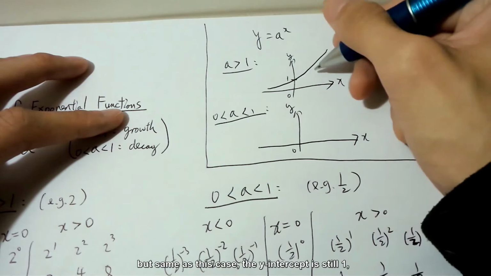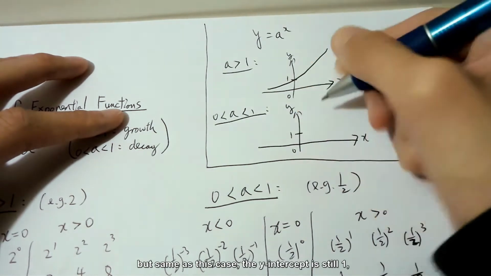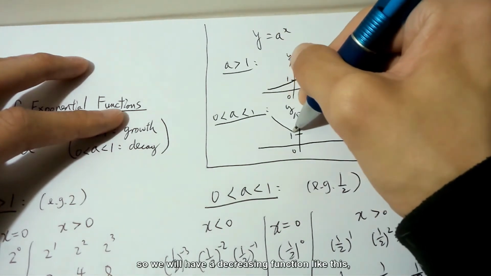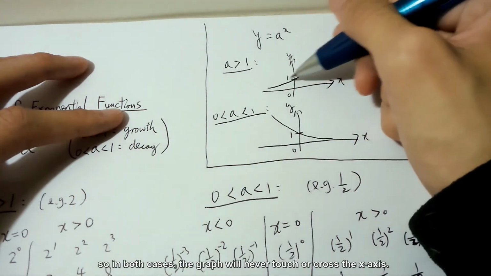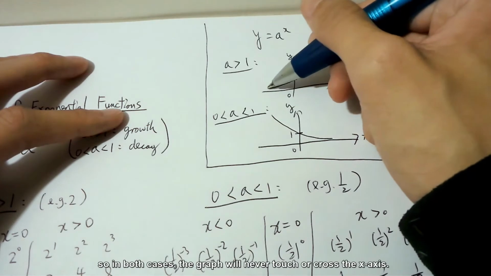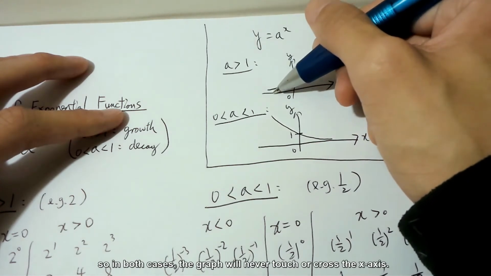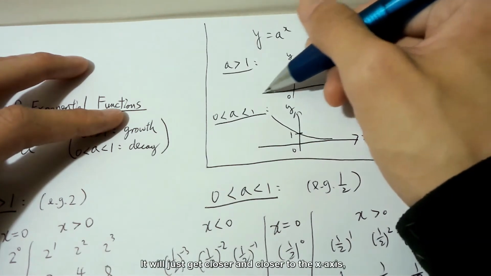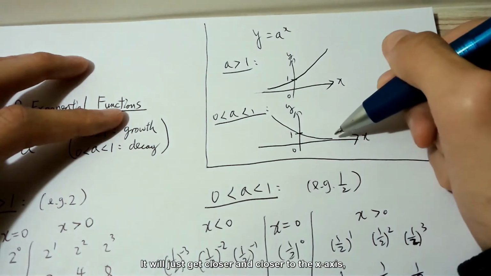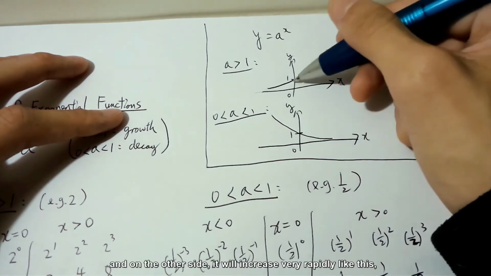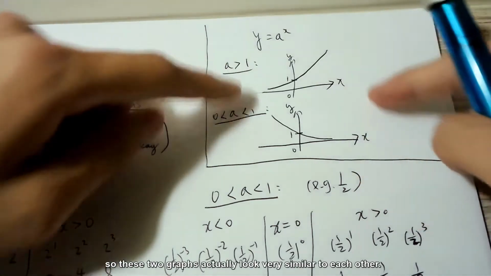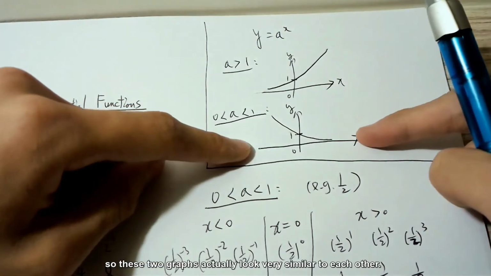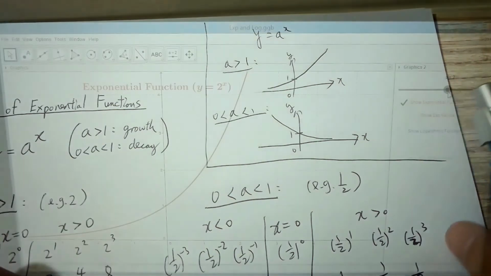But same as this case, the y-intercept is still 1. So we will have a decreasing function like this. So in both cases, the graph will never touch or cross the x-axis. It will just get closer and closer to the x-axis. And on the other side, it will increase very rapidly, like this. So these two graphs actually look very similar to each other.